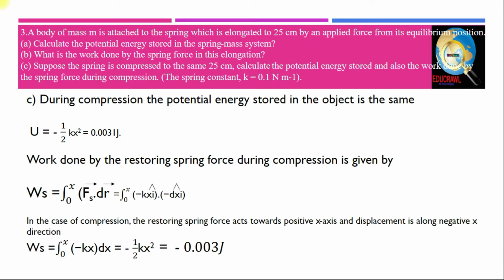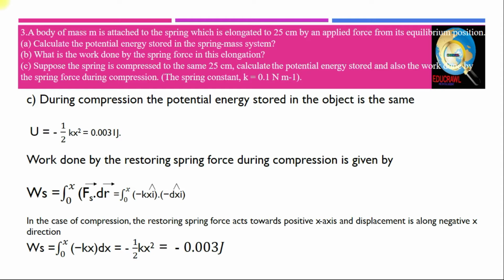Here F is given by, again according to Hooke's law, F is equal to minus kx. Since it is acting on the x-axis, we have the unit vector along the x-axis as i cap. Similarly, the displacement is along the x-axis, so dr is replaced by dx, and it is again along the x-axis, so we have the i cap.